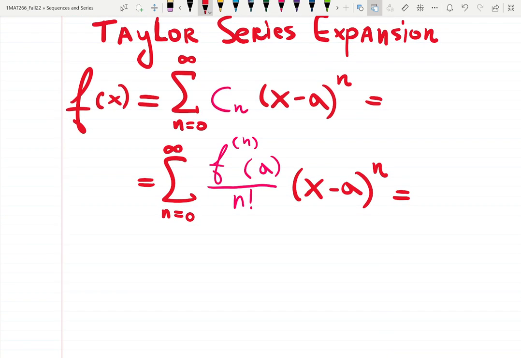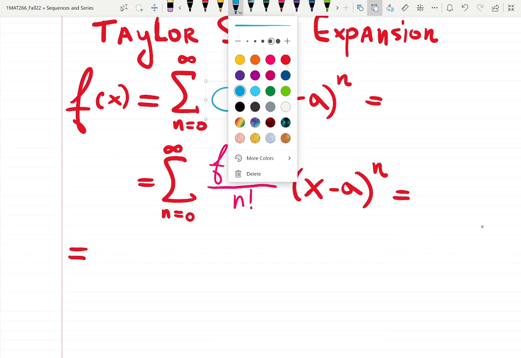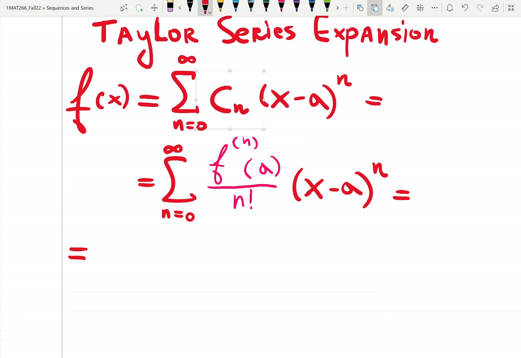And this is how we're going to teach you to find them one by one. I'll be changing colors. Maybe I should have done it right away. So c sub n, let me put coefficients in blue.